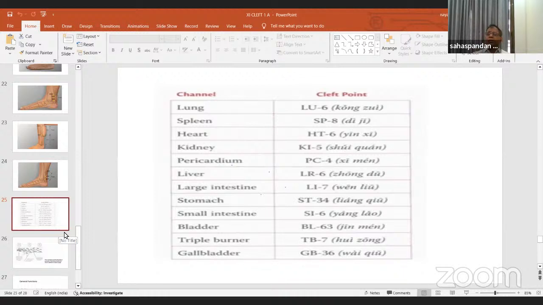Now, there are a total of 16 Xi-Cleft points. 12 regular Xi-Cleft points on the 12 meridians and 4 more Xi-Cleft points on the 4 extraordinary meridians. So there are a total of 16 Xi-Cleft points, one for each of the 12 regular channels plus the yin-yang qiao vessels and yin-yang wei vessels.